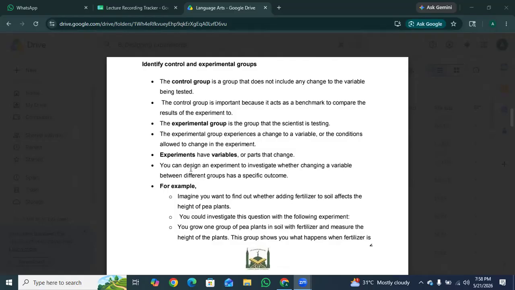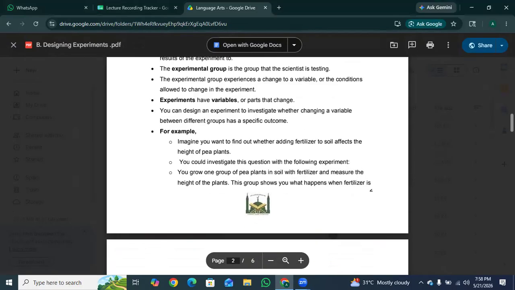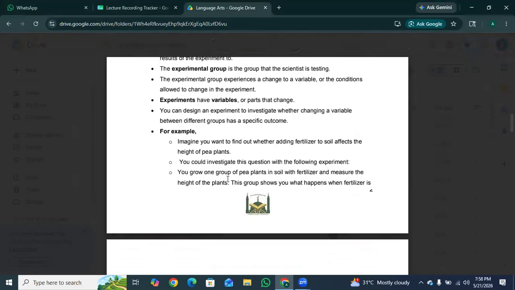Okay, so let's discuss an example. Imagine you want to find out whether adding fertilizer to soil affects the height of a pea plant. You could investigate this question with the following experiment. You grow one group of pea plants in soil with fertilizer and measure the height of the plants.